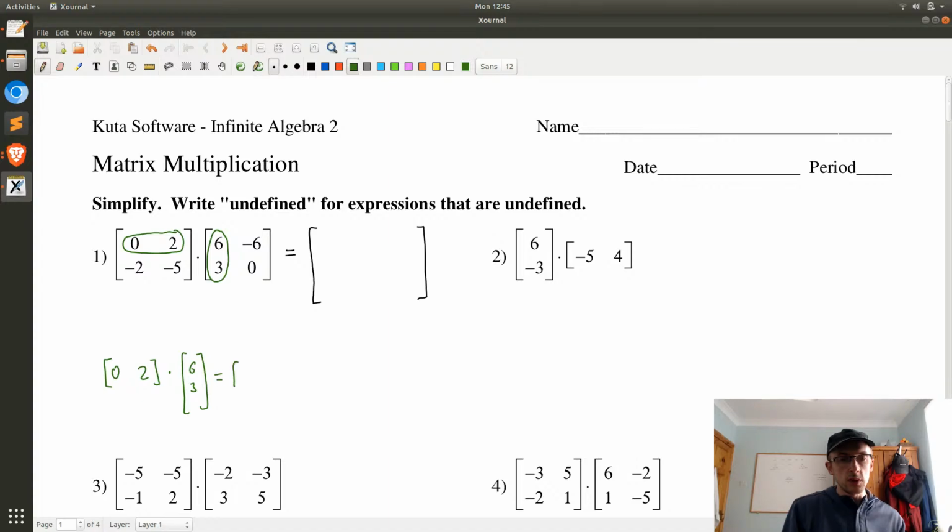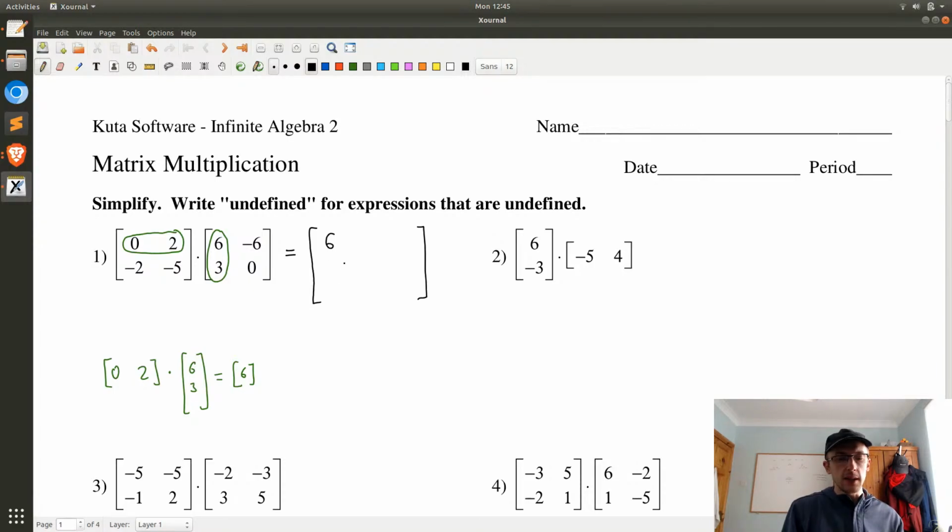And when you dot multiply these together, you're going to get 0 times 6 plus 2 times 3, which is 6. And that's what you do. You get a 6 right here.